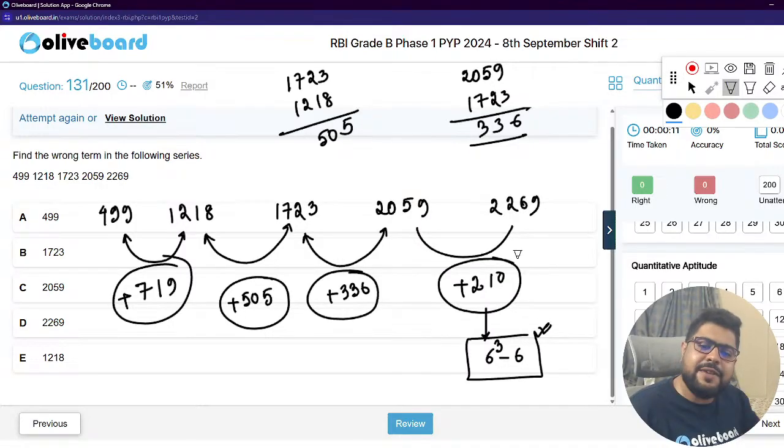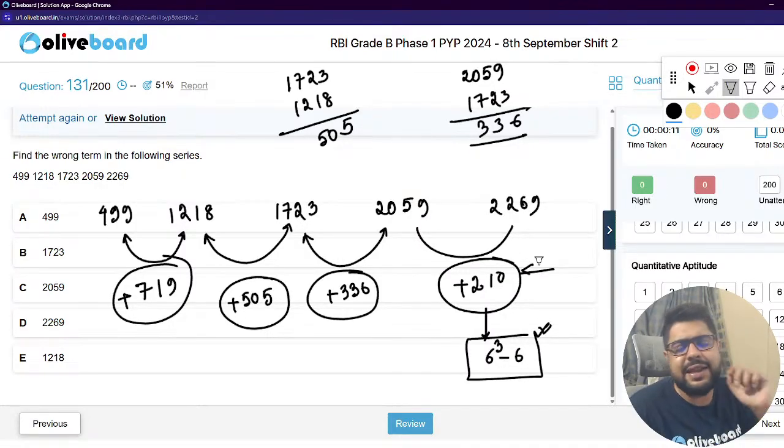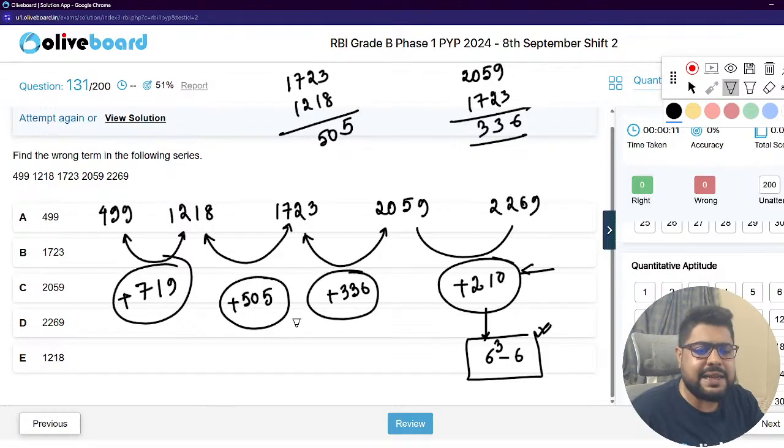Because it's a very popular value used in many cases. So let's see now, can we do anything like this? This is 6 cubed minus 6. Sir, can you say anything around this for 336 or 505 or something?